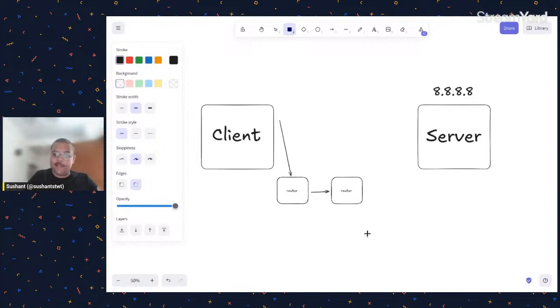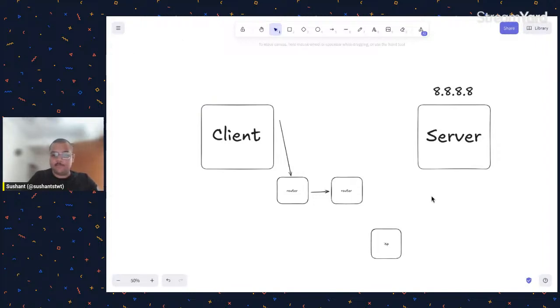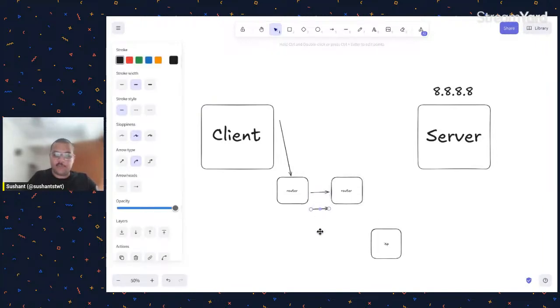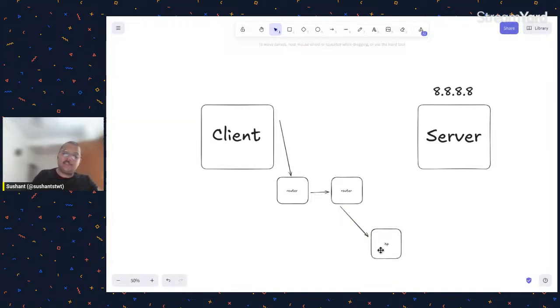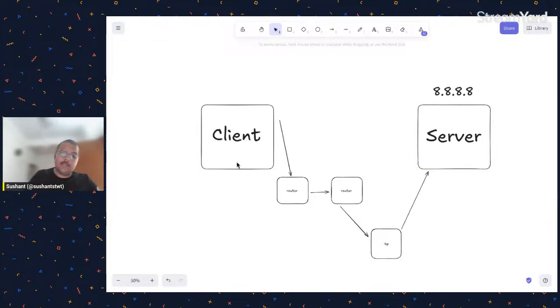But at the end, most likely it will end up at your ISP, the guy who provides your internet. Now it's your ISP's job to figure out where it should send the packet. So your ISP, as you asked it to, will send you to this server. If you have a client and you want to connect to this, you need to go through a lot of intermediaries to actually reach that address.